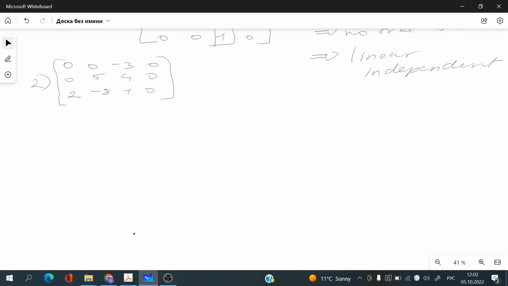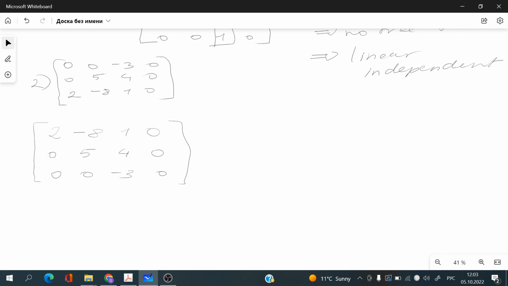So what don't you like here? Here I don't like that my third row is not in the right place. Let's move it to the first place. Let the second row stay, and we'll interchange the first and the third row.